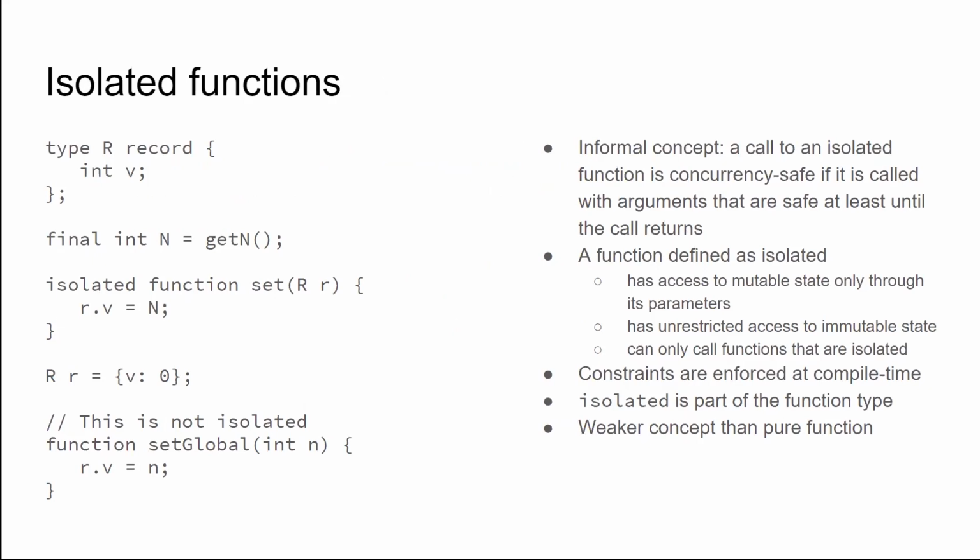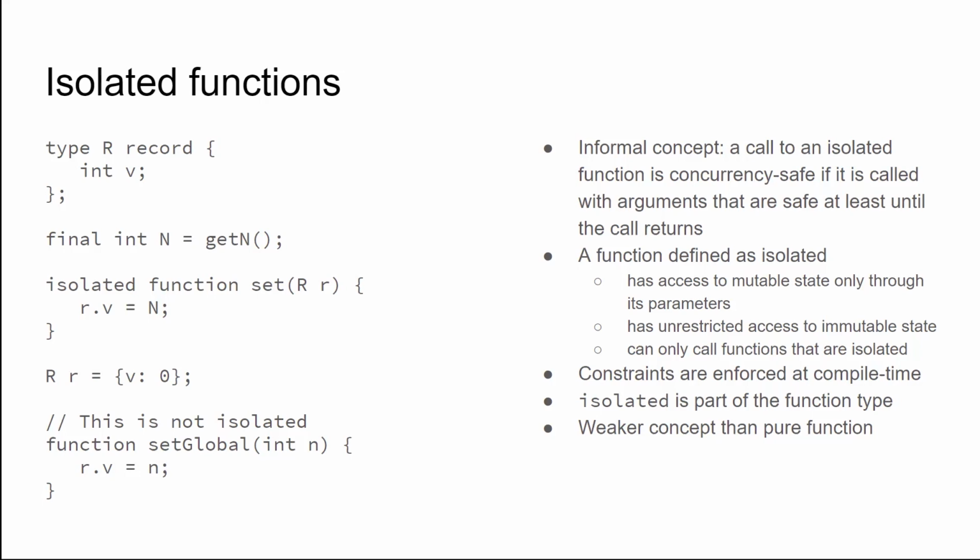So the first part of what we need is this concept of an isolated function. Informally, you can think of an isolated function as a function that's concurrency safe if its arguments are safe. So it's not unconditionally safe, but if you call it with the right arguments, then it's safe.